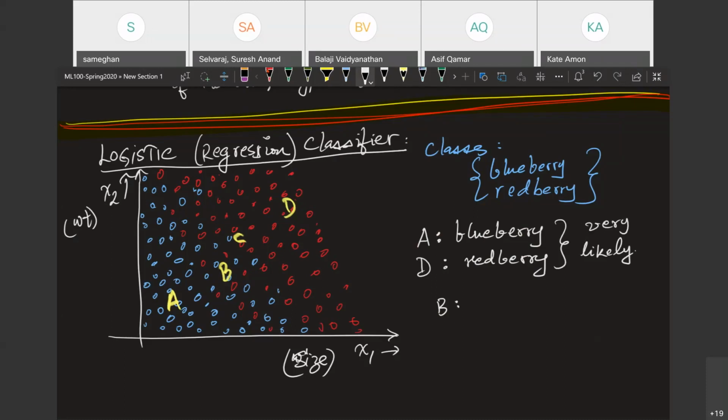Are you quite sure that it's a blueberry, or are you less sure about it? We are less sure, right? It's probably a blueberry, but as you notice, next to B is also a red dot, so you're not quite sure. And what about C? It is probably a red berry, right?